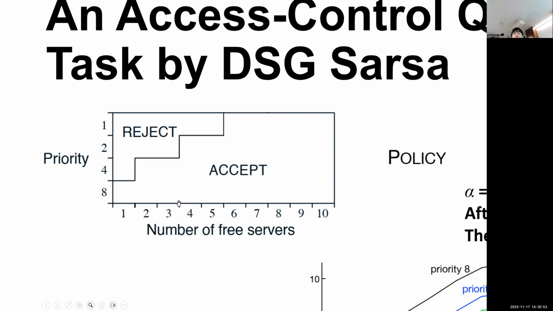Then when the number of servers is below 30% and above 10%, we reject priority 2. Eventually, when servers are below 10%, we only accept the highest priority jobs. So this is the policy generated. It gives the maximum long-term reward.